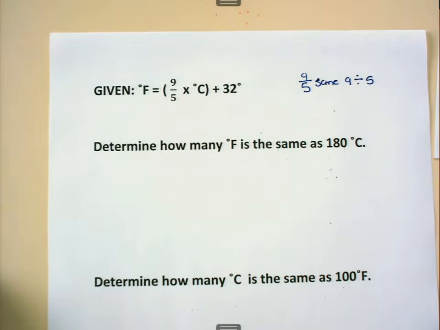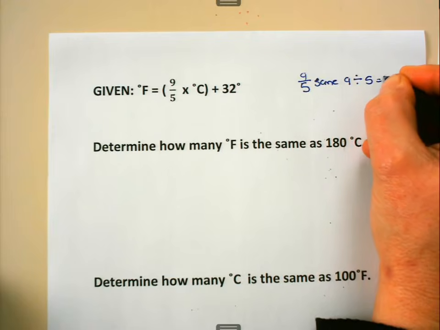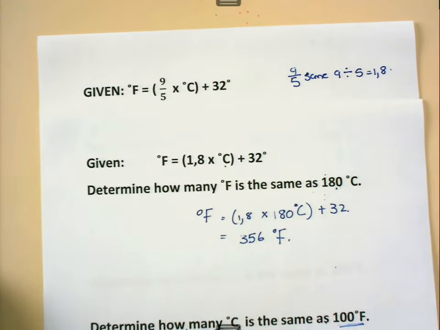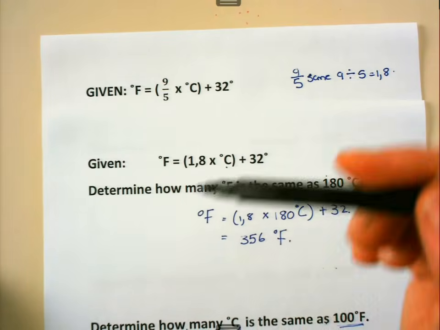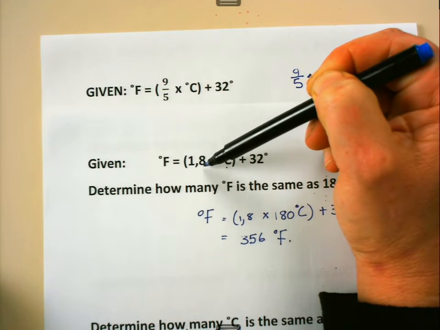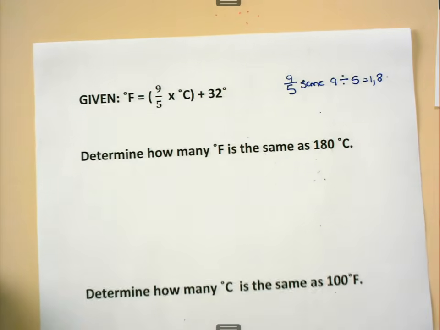Now, if you press 9 divided by 5 on your calculator, remember that 9 over 5 simply means the same as 9 divided by 5, you will see you are back at 1,8, exactly as this formula was. Instead of 1,8, you are then given 9 over 5. But you will work with the formula in exactly the same way.